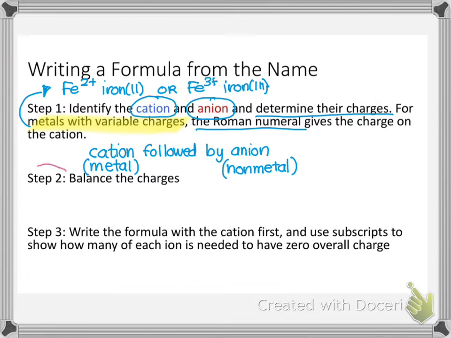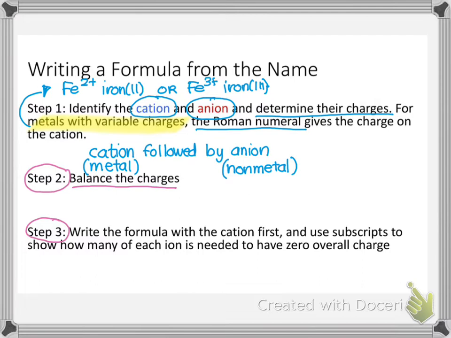So then after that, this looks so much like what we were doing. You're going to find your ions, you're going to balance the charge, and you're going to write the formula, making sure that the charge is equal to 0, the positive and negative. That's what balancing the charges means: you're going to make sure that you have the same number of positive charge as you do negative. So honestly, this is very similar to what we were doing before, except in the previous video, I gave you the ions, and then we got the formula from that.